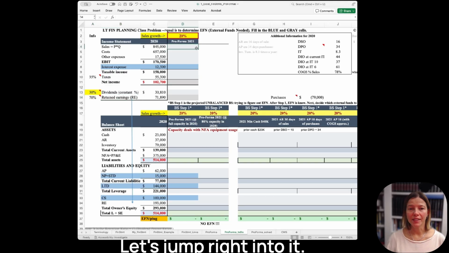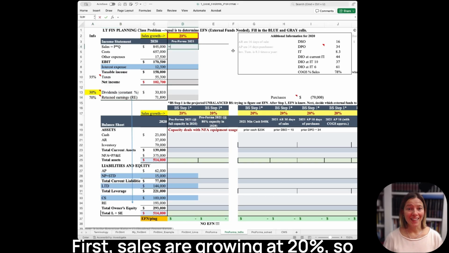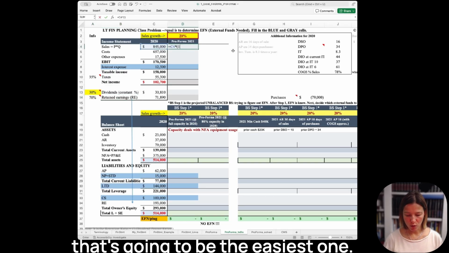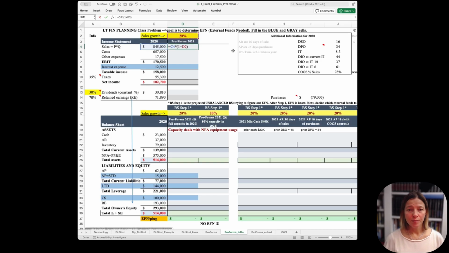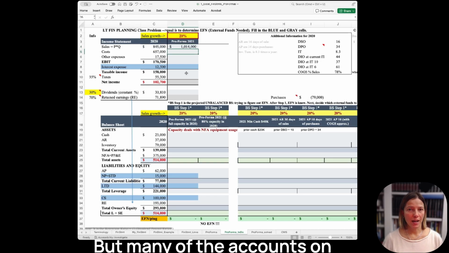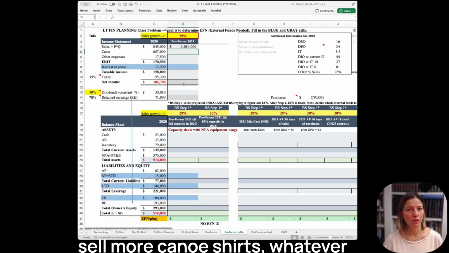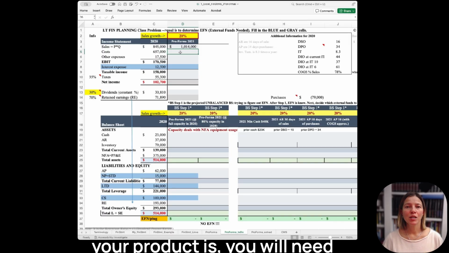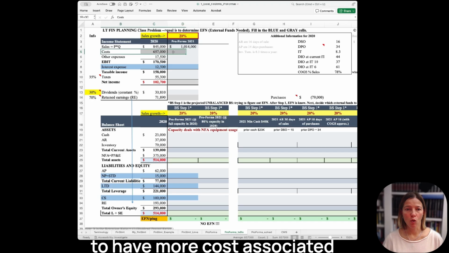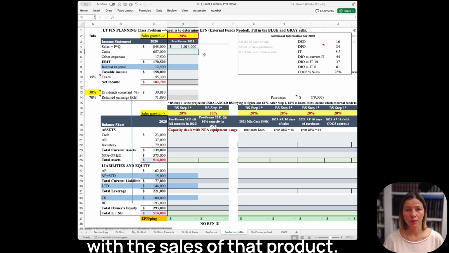Let's jump right into it. First, sales are growing at 20%, so that's going to be the easiest one. But many of the accounts on the income statement are also going to grow with sales. And it makes sense because as you sell more canoes, shirts, whatever your product is, you will need to have more costs associated with the sales of that product.